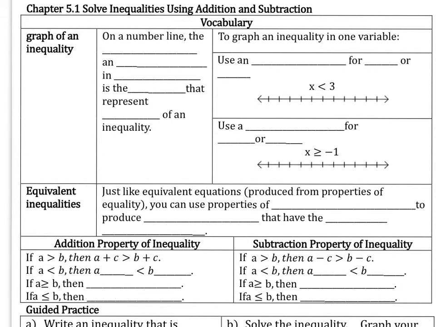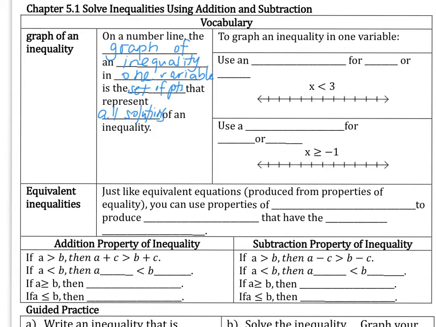On a number line, the graph of an inequality in one variable is a set of points that represent all solutions of an inequality.